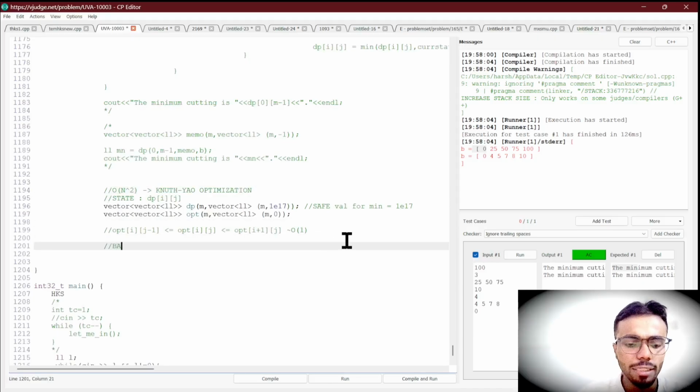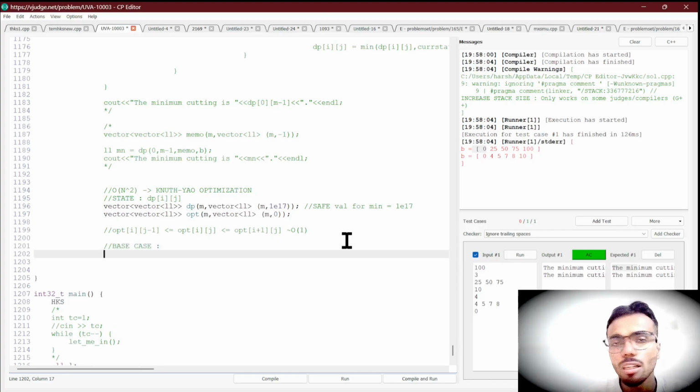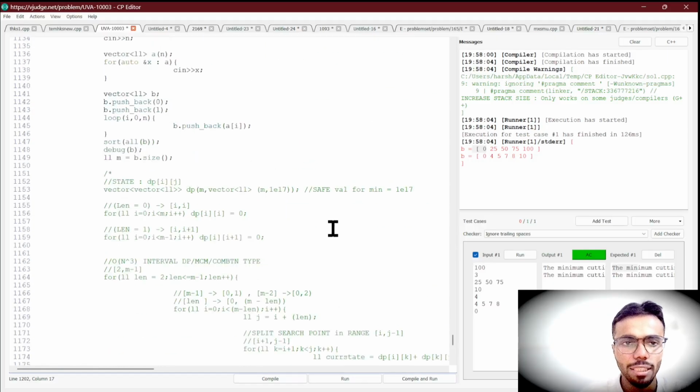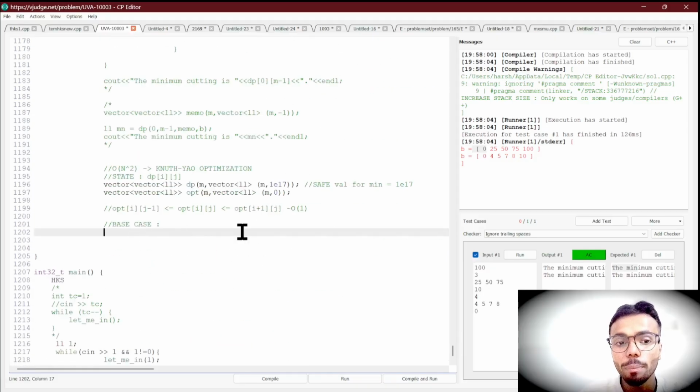Now the usual base case: it could be of length 0, in which case I cannot merge, so the cost becomes 0. But what would be the optimal index? If I have only one element I, then the split index will be I only.